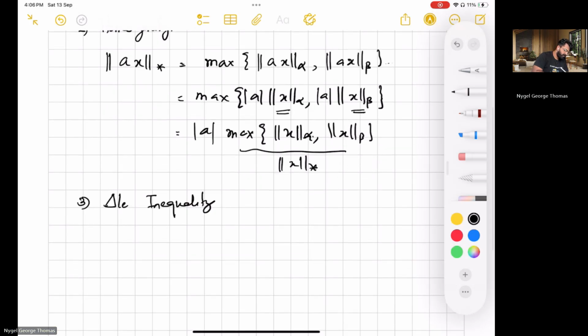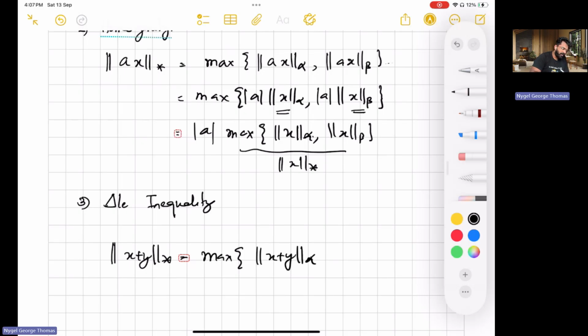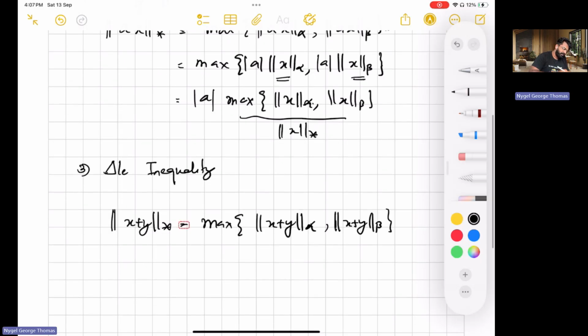Start with the norm of x plus y star, which is the same as the max of the alpha norm of x plus y and the beta norm of x plus y. This satisfies the triangle inequality, since alpha and beta independently are norms.